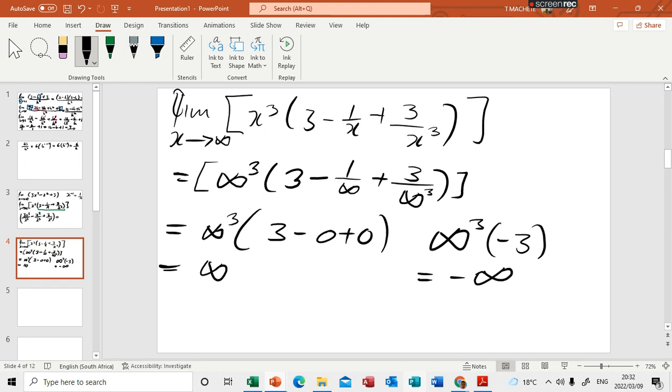What is infinity cubed? Infinity is unlimited. There's no infinity cubed. If someone asks you, you're going to say infinity times infinity times infinity. What is that? It's infinity.